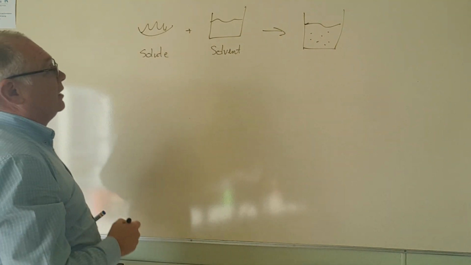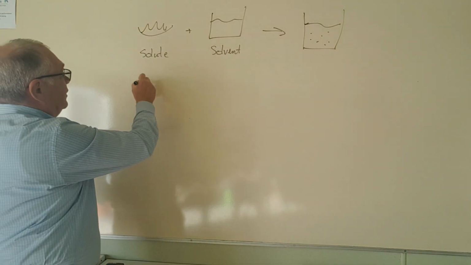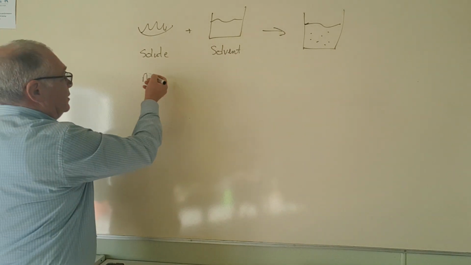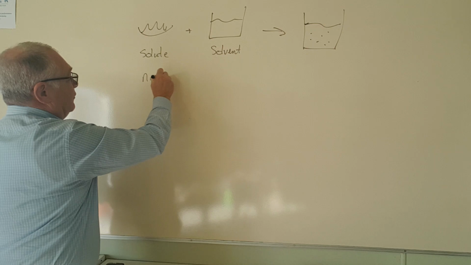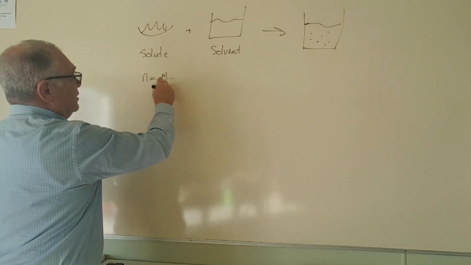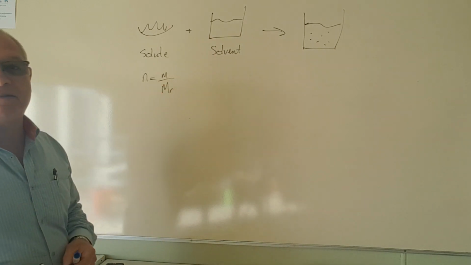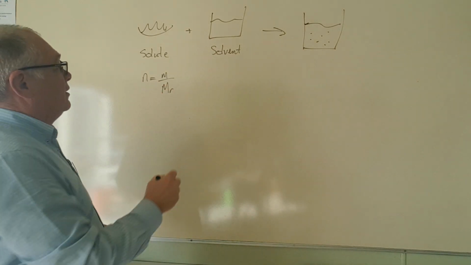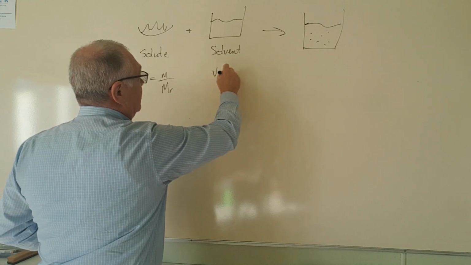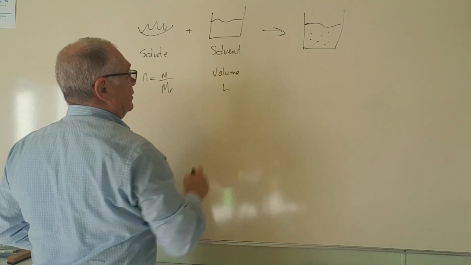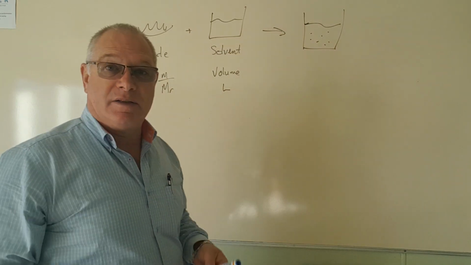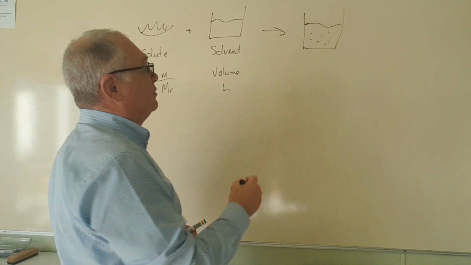So for our solute, we need to know the amount, which is usually in moles, and if you recall, we calculate the number of moles by the mass over the molar mass of the solute. For the solvent, we need to know the volume, in litres, and our concentration is the amount in a certain volume.